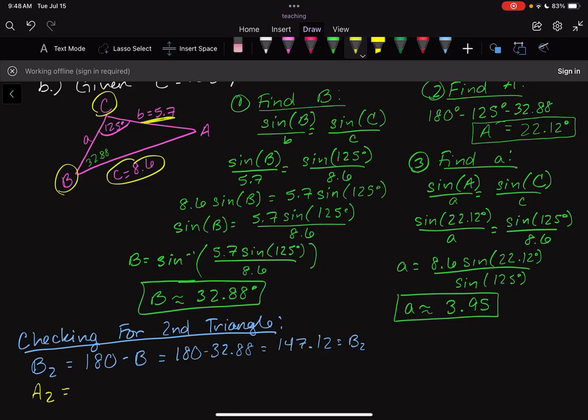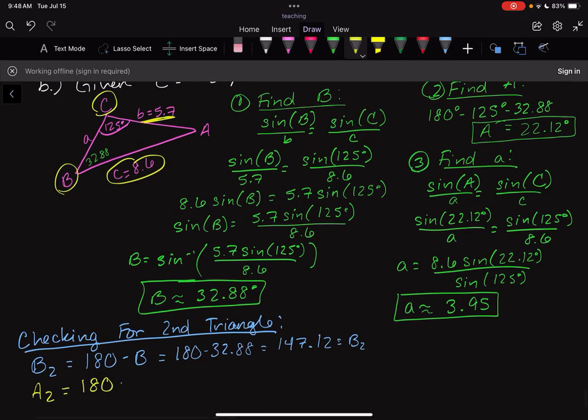To find A2, I'm going to do the same thing that I did earlier to find A. If you look up there at A, I did 180 minus my C, which was 125, minus my B value, but now I'm going to use B2. If I try to solve for this, I get a negative angle for my A2.